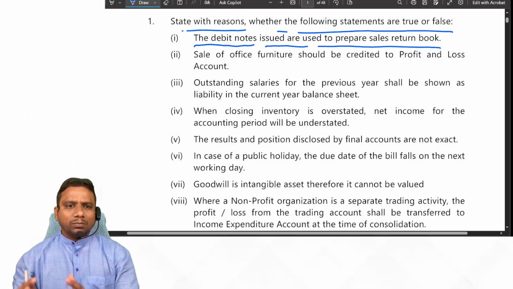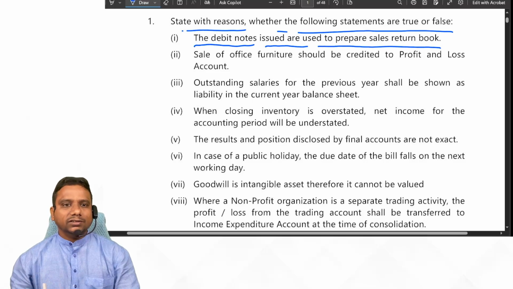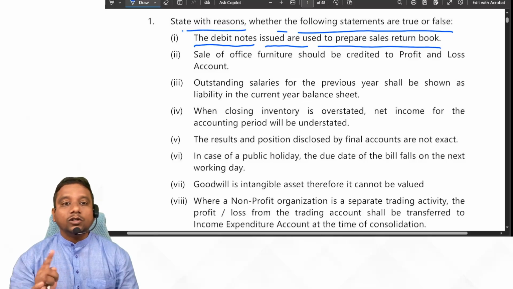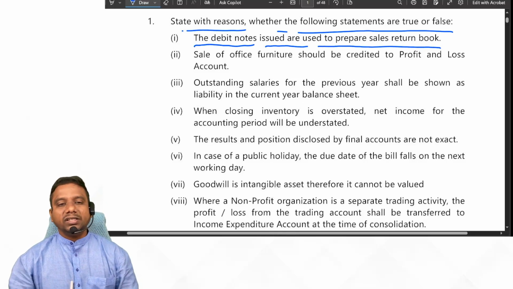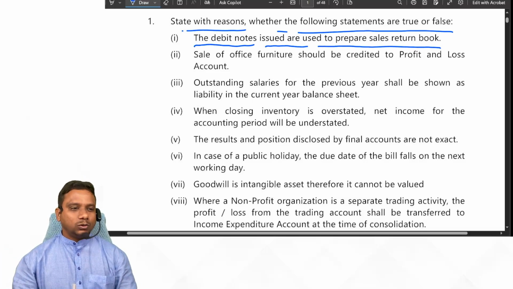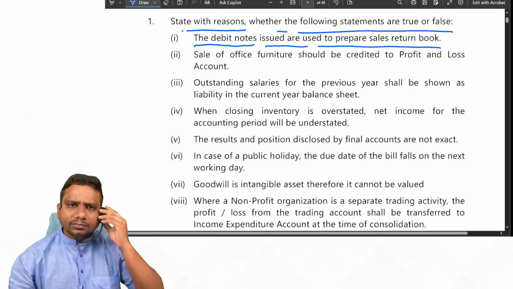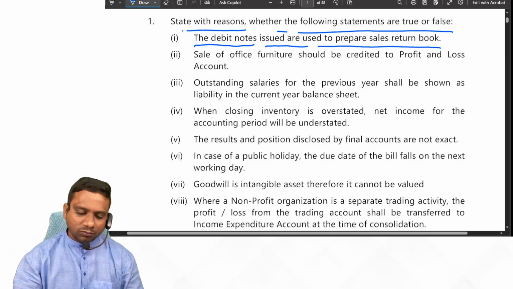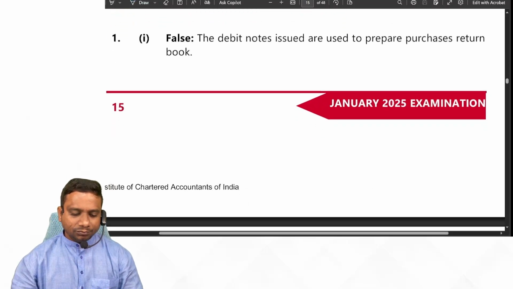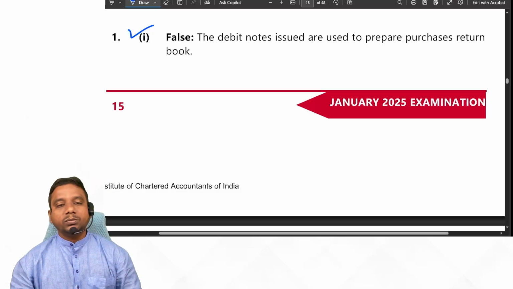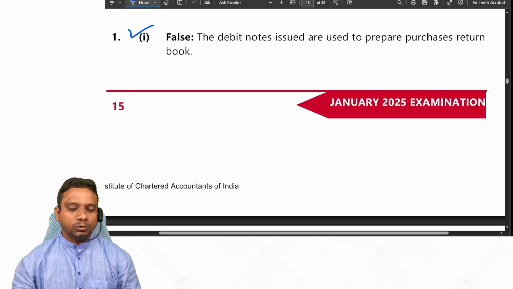For a supplier, sales returns book is maintained by using the credit note. Debit note is used by the customer, credit note is used by the supplier. So we use the credit note to prepare the sales returns book. Yes or no, students? Look at the first one. The answer is false. Debit note issued is used to prepare the purchase returns book. Yes or no, students? Next one.